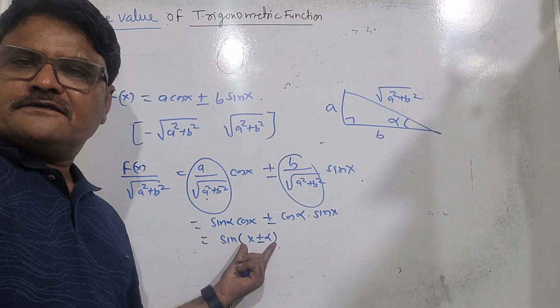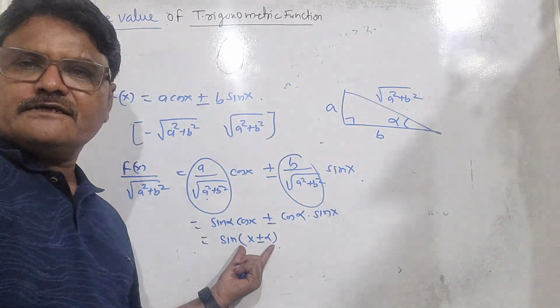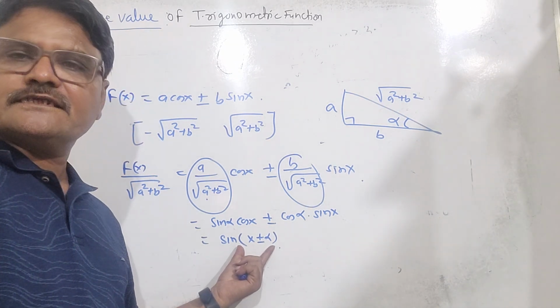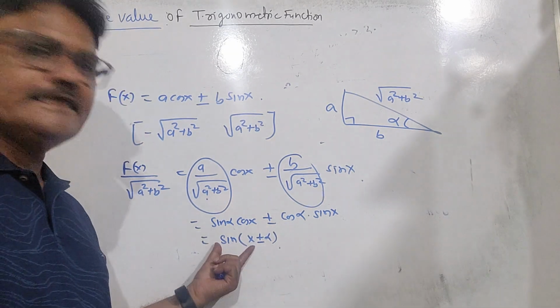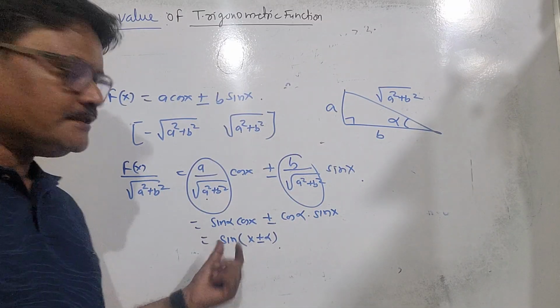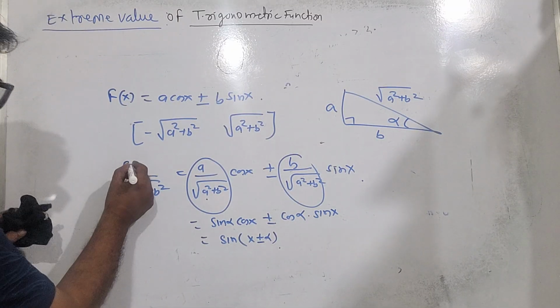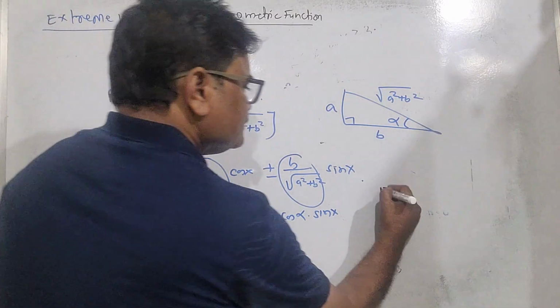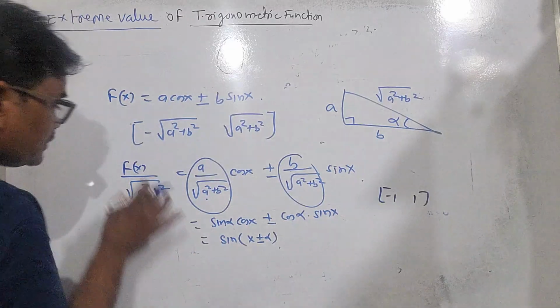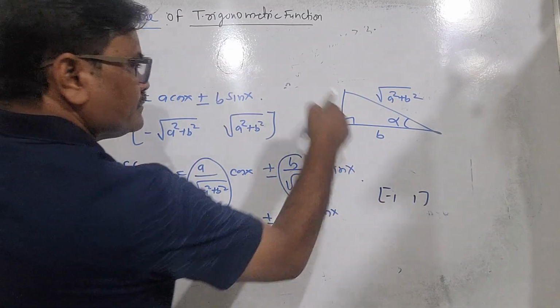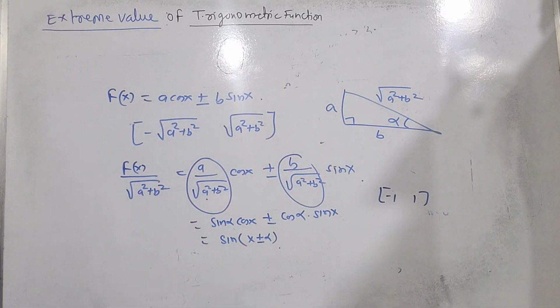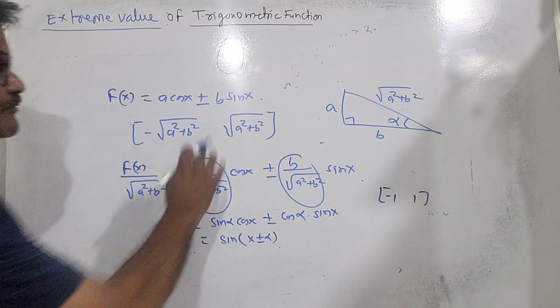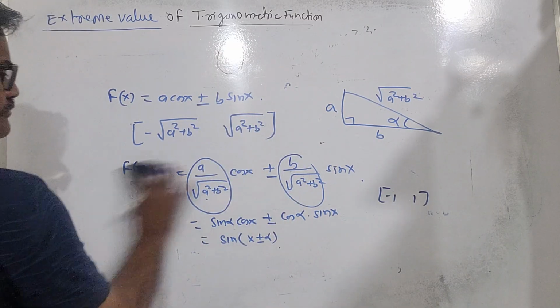Angle can be multiple angles, that will not affect the range of the sin x function. That range is minus 1 to 1. So therefore f(x) by square root of a square plus b square has range minus 1 to 1. So therefore f(x) range is minus square root of a square plus b square to square root of a square plus b square.